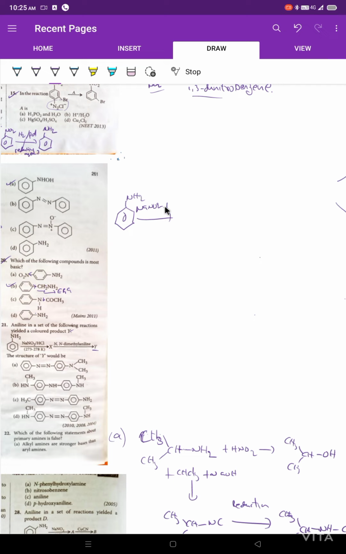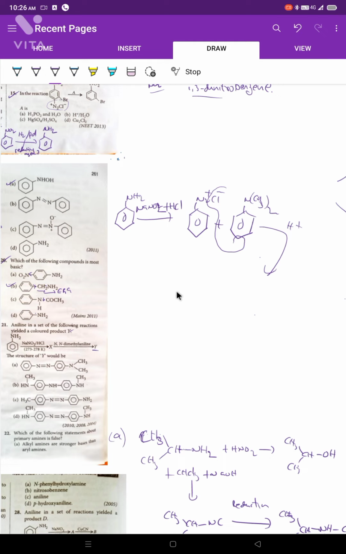NaNO2 plus HCl gives benzene diazonium salt, N2+ Cl-, which on reaction with N,N-dimethylaniline, with CH3 twice, is known as a coupling reaction in acidic medium.